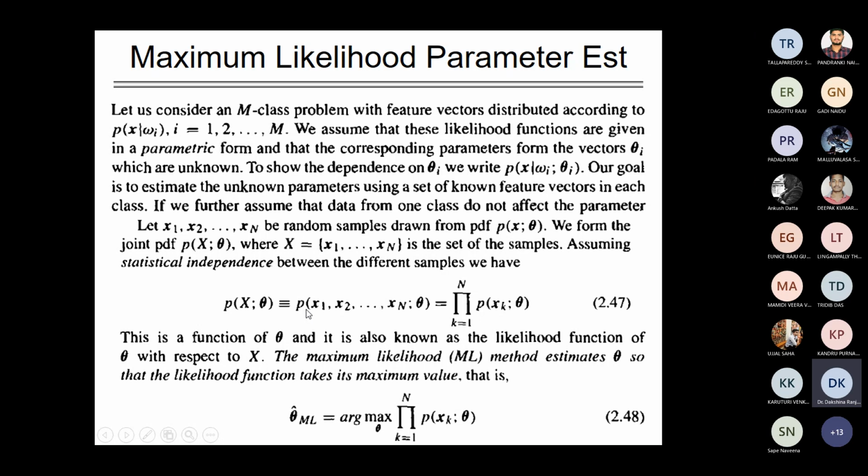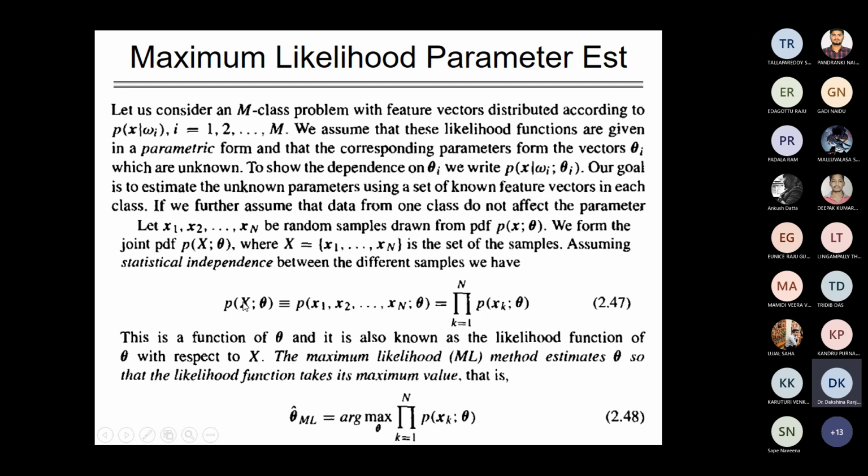Then we get the product over these probabilities, and when we multiply them, we get the probability of p of X parameterized by theta. This is a function of theta, since we parameterize the probability by theta, and this function is also known as the likelihood function. So this function that we are talking about is called the likelihood function of theta with respect to X.